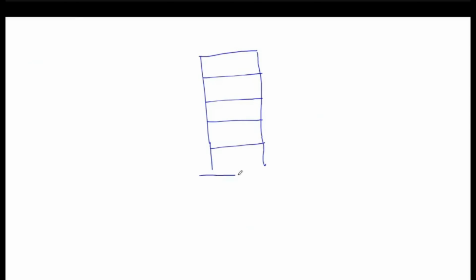Okay, let's do it again. Two, floor, 3, 4. Okay. So we obtain a force here.